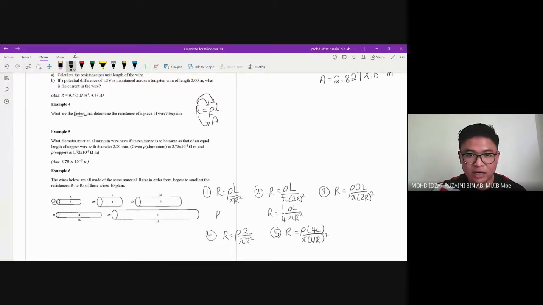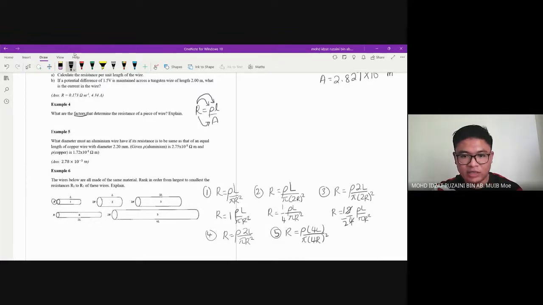Okay, this one R equal to 1 rho L over pi R square. The third one, R is equal to what? This is 2, right? Put 2 in front divided by this 4. 4 rho L over pi R square. Like that. So you can cancel off this 1/2.